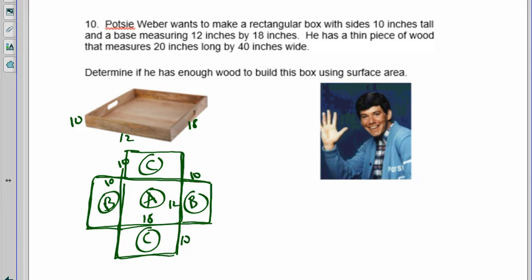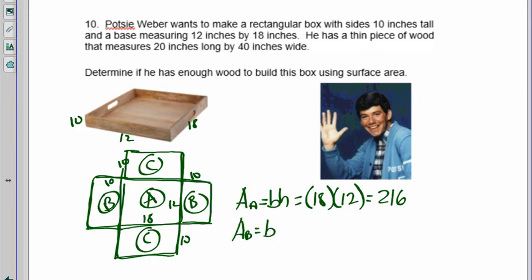So I need to find area of A, which is base times height, which is 18 times 12, which is 216. I have area B, which is also base times height, which is 10 times 12, which is 120.